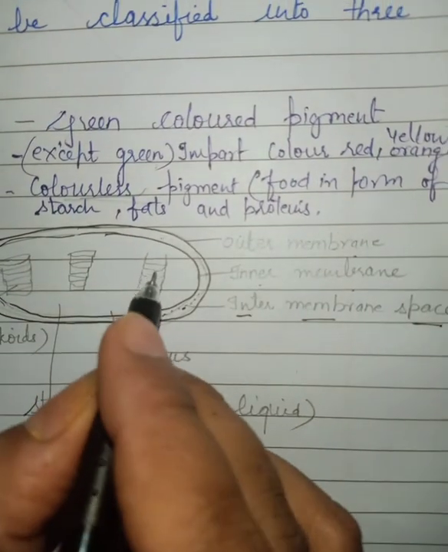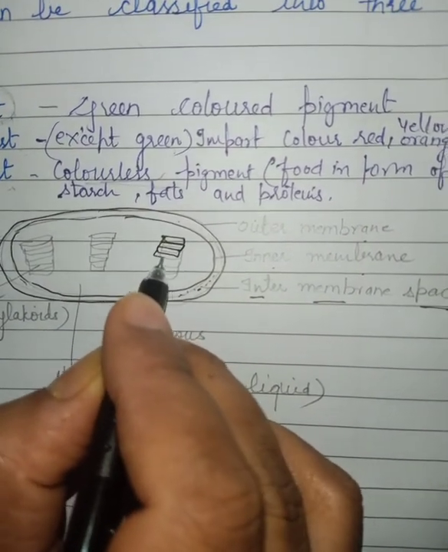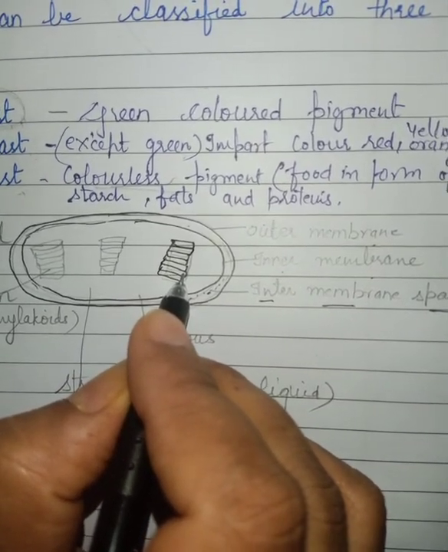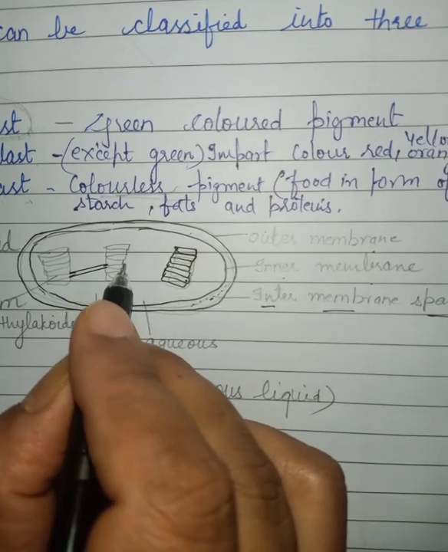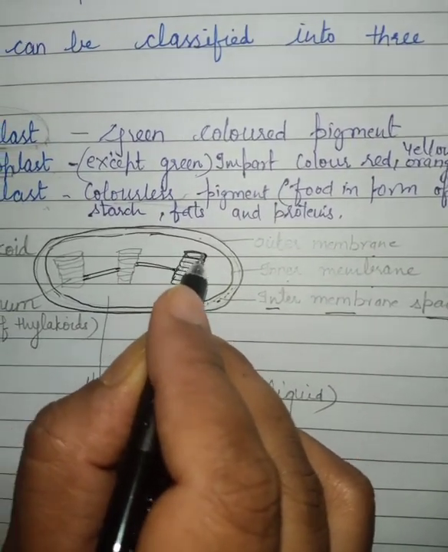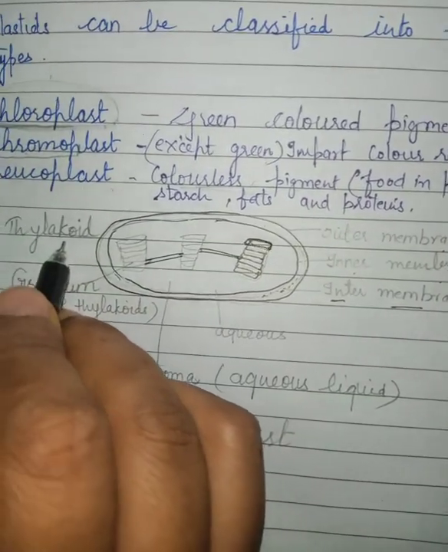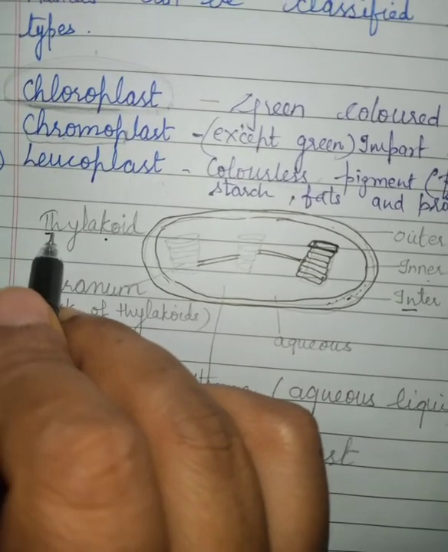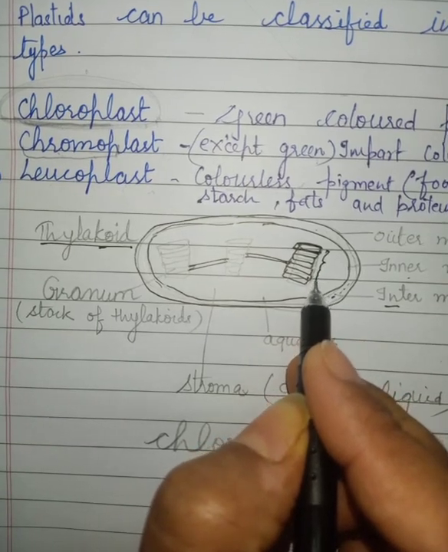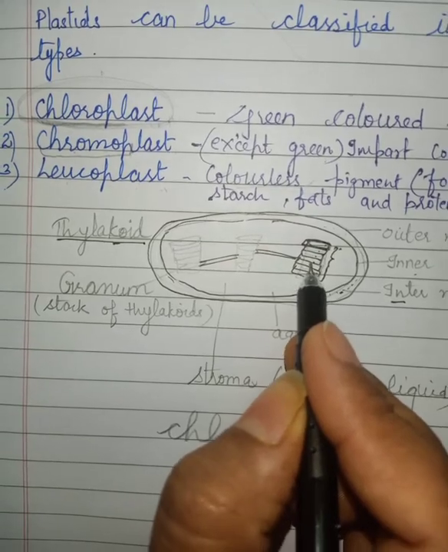Now you can see this type of structures I have drawn. These rectangular structures we have drawn, and in your book also you can see the same diagram. Now these are attached with one another. If I talk about a single structure, that is called thylakoid. When these structures stack one over another, you can see many thylakoids there.